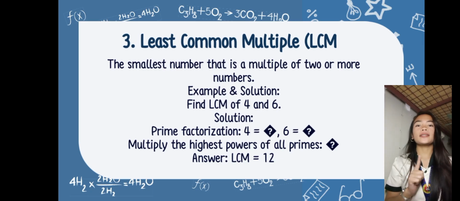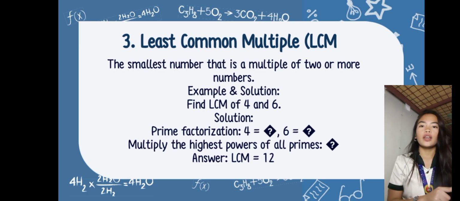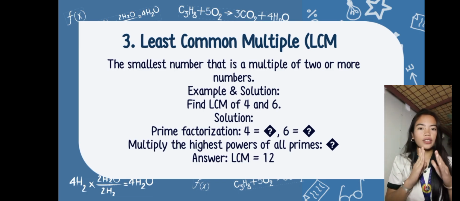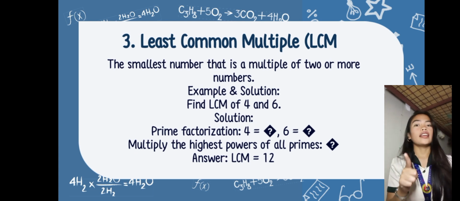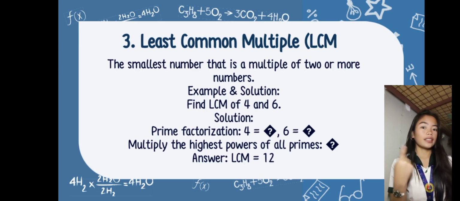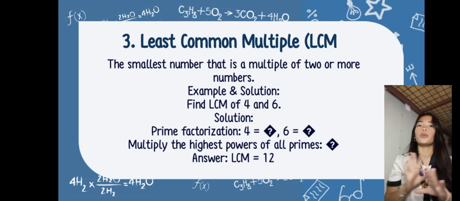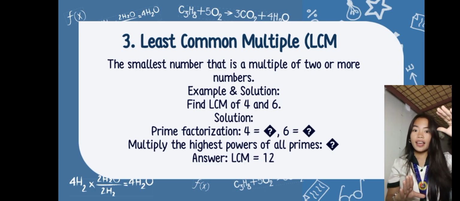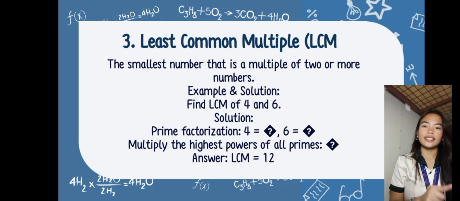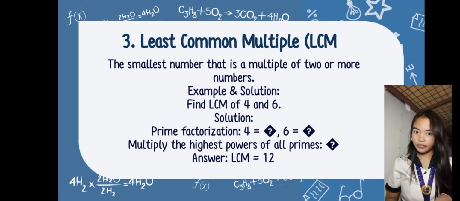To find the LCM of 4 and 6, we again start with prime factorization. 4 is 2 squared and 6 is 2 times 3. We then multiply the highest powers of all prime factors present. So, therefore, the LCM of 4 and 6 is 12.